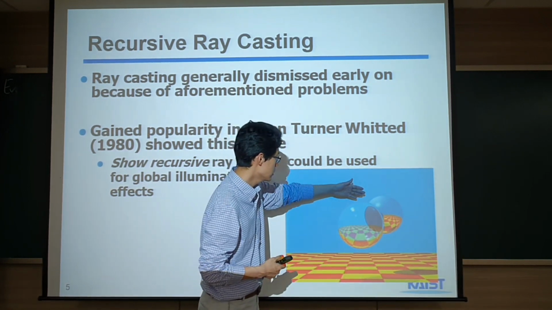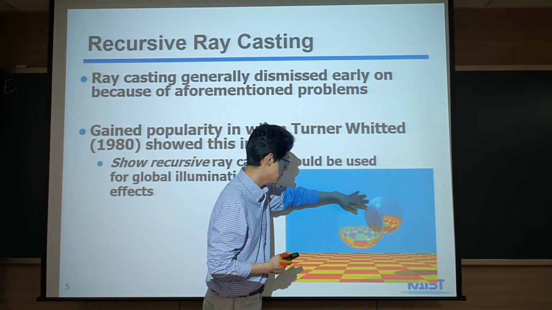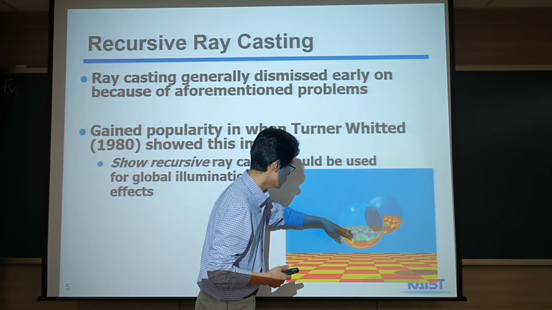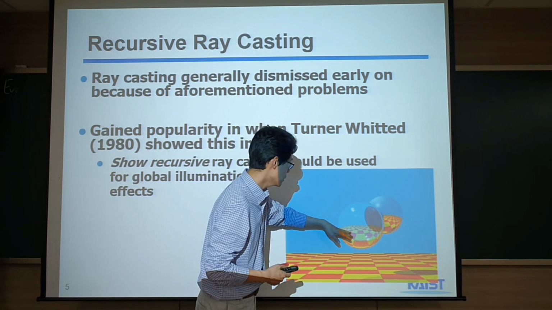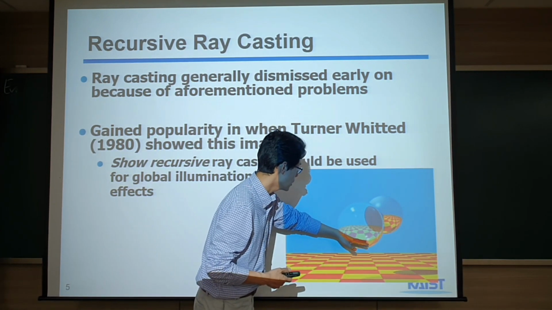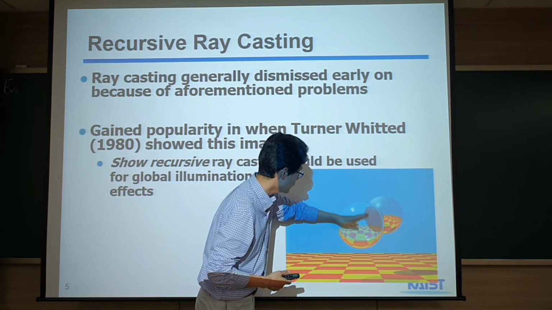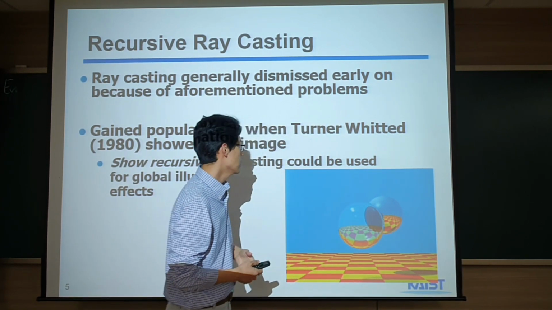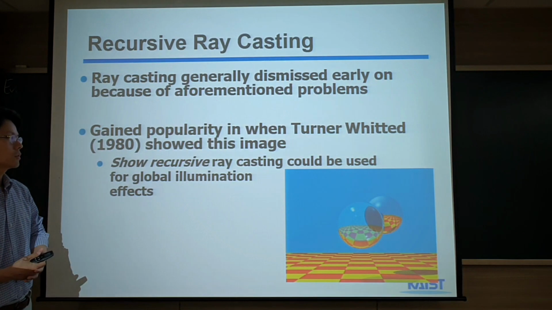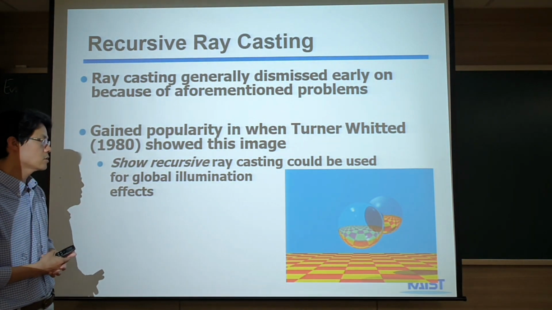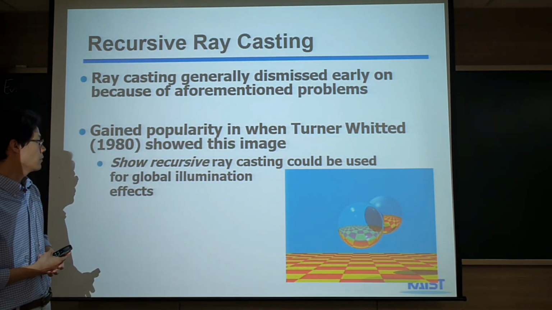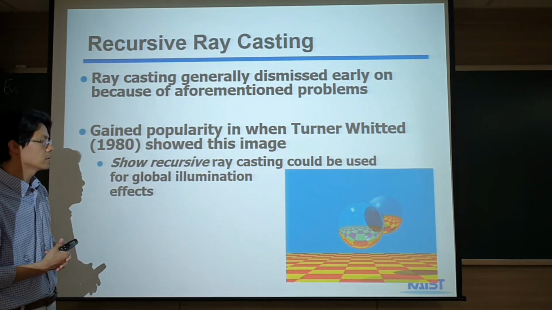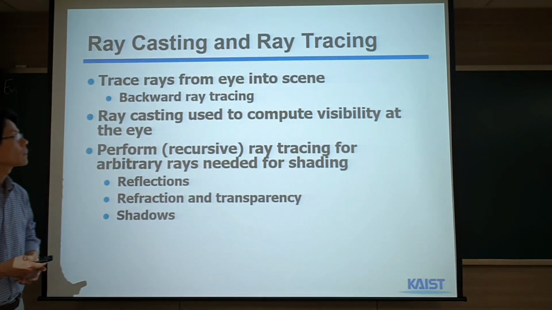Also, there is this transparent sphere. You can see the highlight, and there's refraction. You can see this floor refracted on the surface of this glass, and many other effects. So it showed the potential of ray tracing for supporting global illumination. And since then, ray tracing has been studied again.